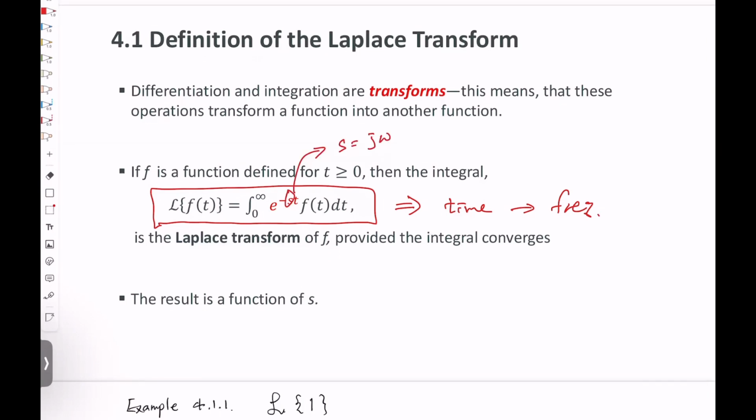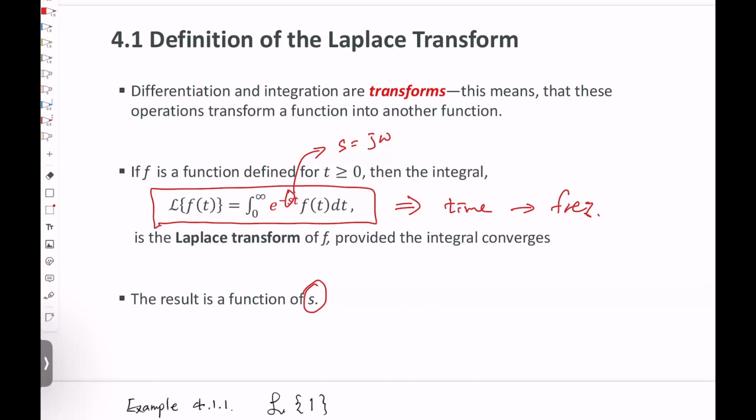The omega is the angular frequency, right? So we're going to turn this time domain function into the j omega domain, which is the s domain, which is the frequency domain. And the result of the function is in terms of s. What is s? Again, it is j omega.